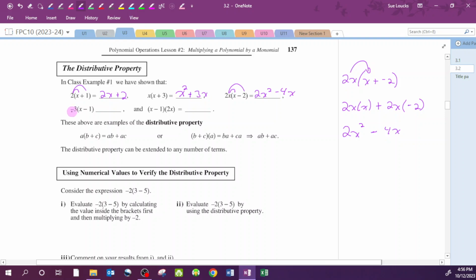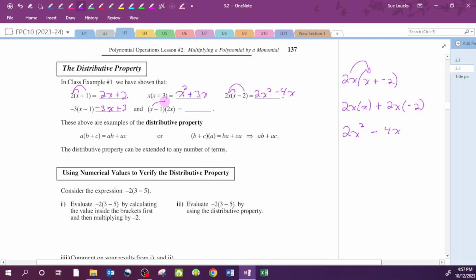Okay, I have negative 3 times x, so that's negative 3x, and then negative 3 times negative 1 is positive 3 or plus 3. And here I can do the same thing. The big rule actually is everything inside the first brackets times everything in the second factor or brackets or whatever you want to call it.